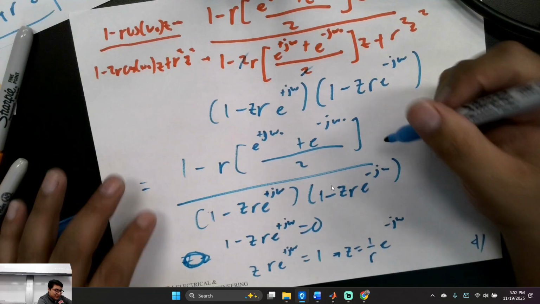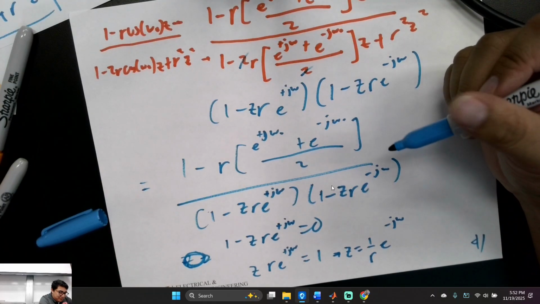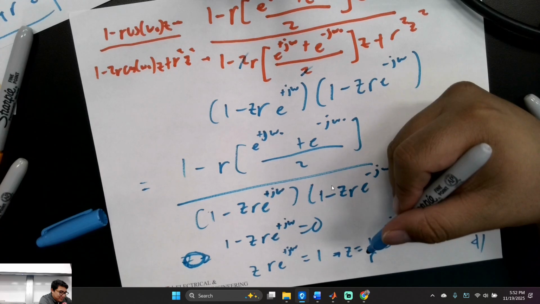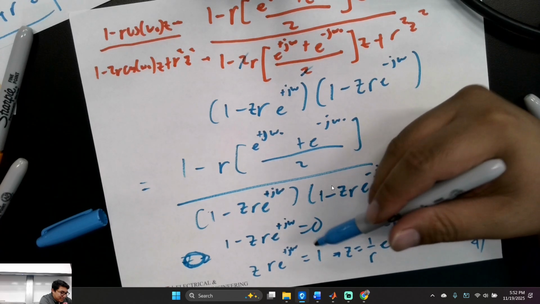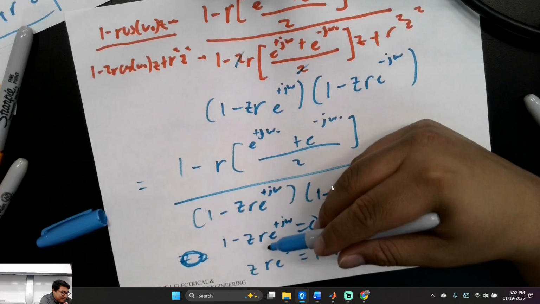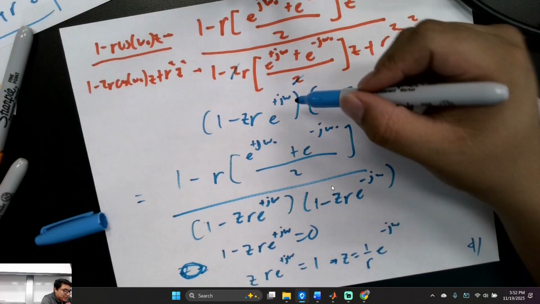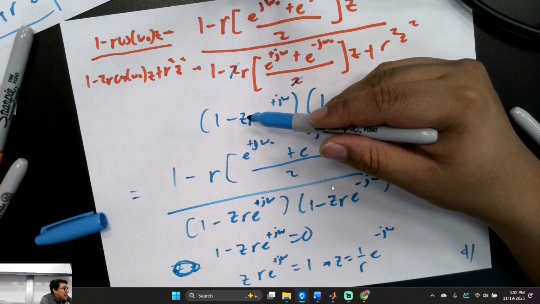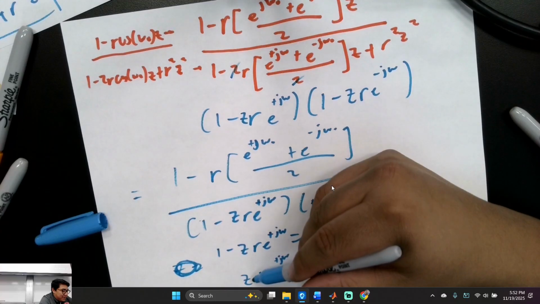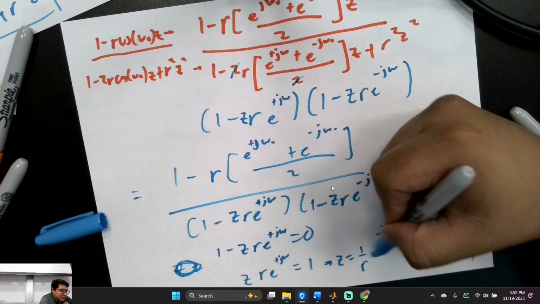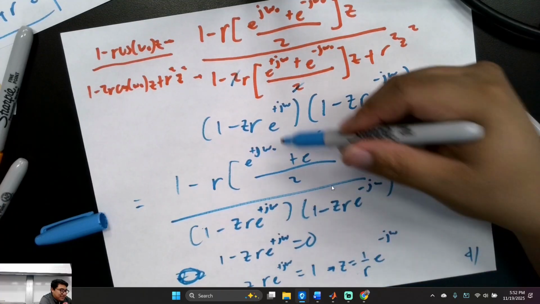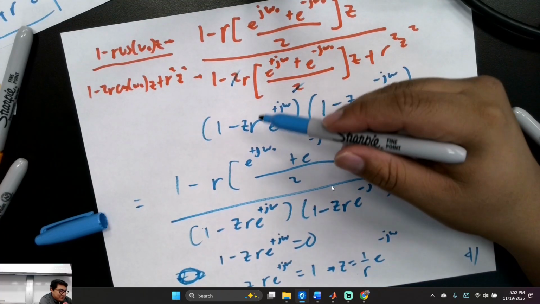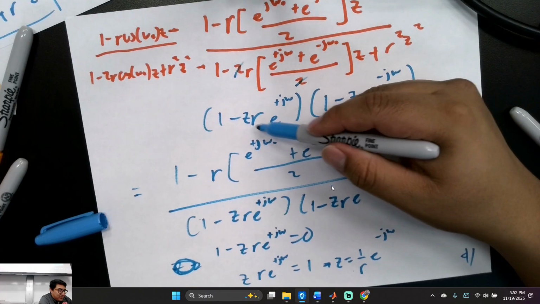Everyone clear? So let me see. I feel like something's wrong here, because I don't like that, r e to the j omega. Am I doing this right? Let me see. Because I want that pole. If we plug and chug this into this, so that's r, that cancels out.